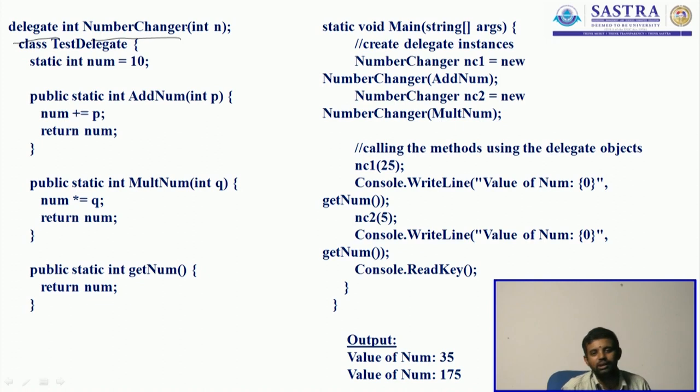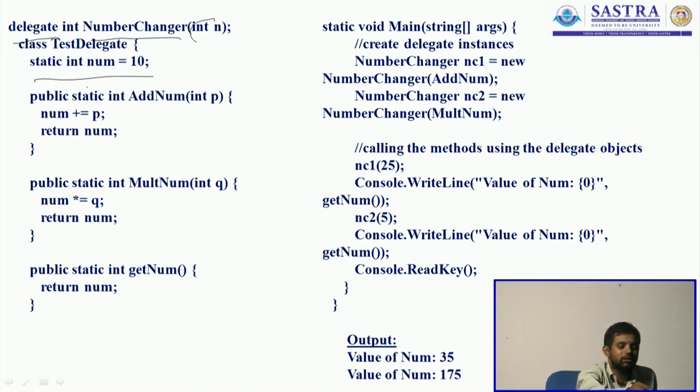This is going to be the delegate name, and it is accepting one argument which is of type integer, right? Then we are creating a class called test delegate, and then we are declaring a static integer variable with the name num, and the value we are trying to assign is going to be 10. Fine.